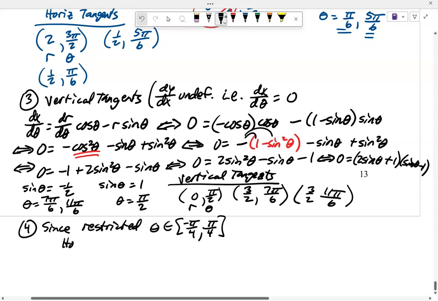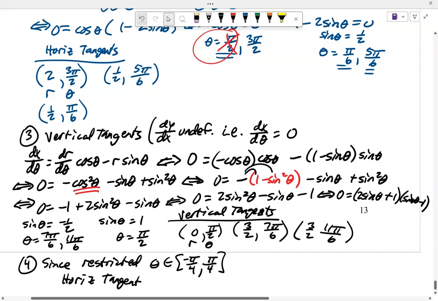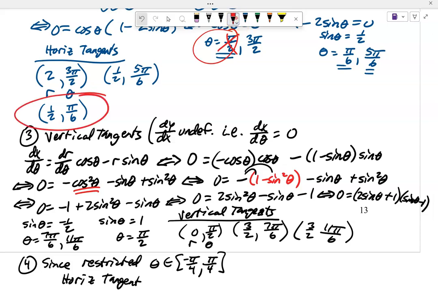So the horizontal tangent, let's go back up here. The only one that'll work is right here. The pi 6 is the only angle there between negative pi fourths and pi fourths, all right?